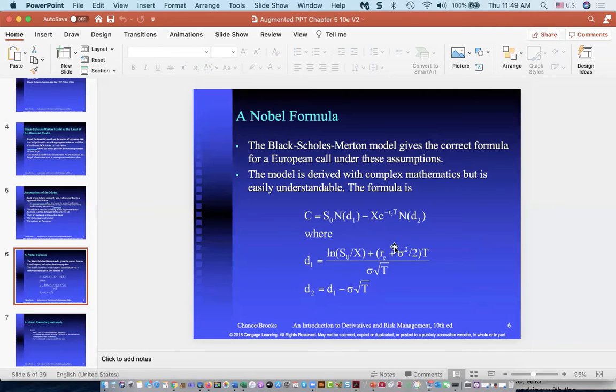Now there is a d1 in here and d2 is here, and through complex mathematics, they found d1 to be the natural log of S sub 0 by X plus R sub C plus sigma squared by 2, times T, and then divided by sigma root T. d2 is simpler: once you find d1, it is d1 minus sigma root T.